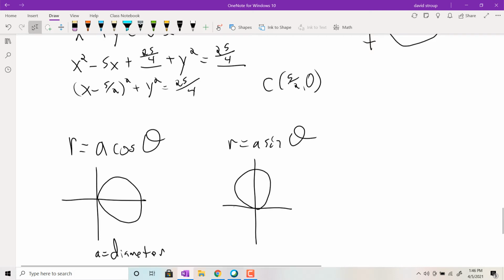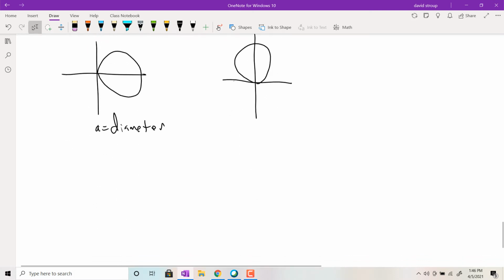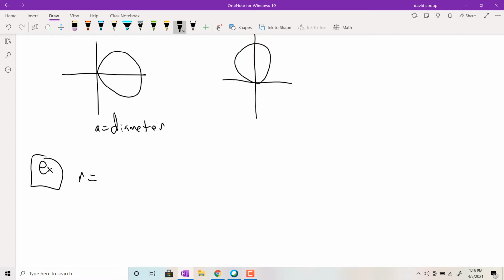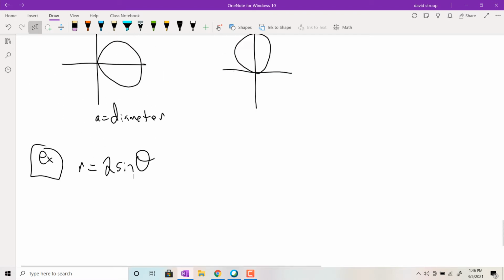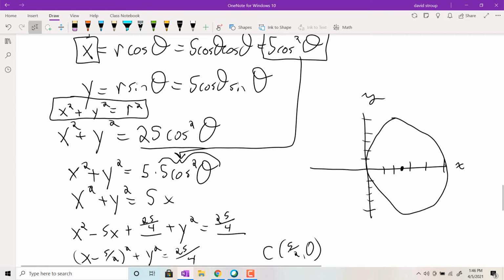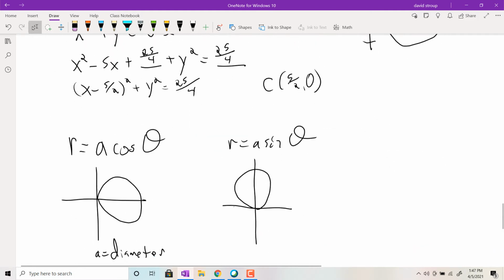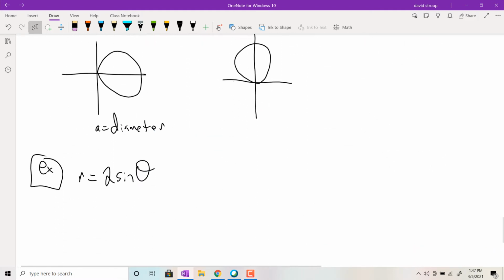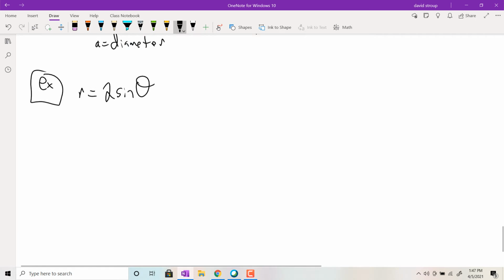Okay, so let's do the other version then. For example, r equals, let's just say, 2 sine theta. And this time, instead of doing the rectangular coordinate conversion and getting it into x, y form, I'm going to try to just plot it using brute force.